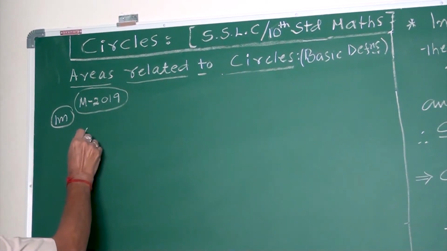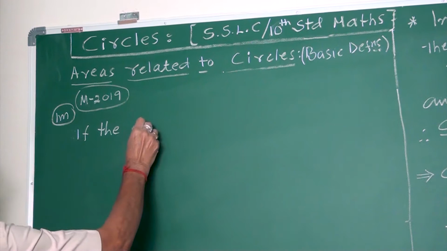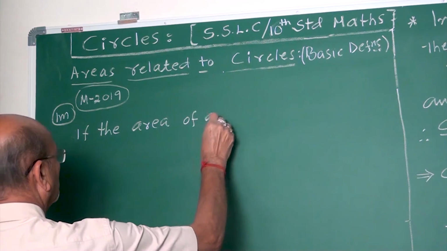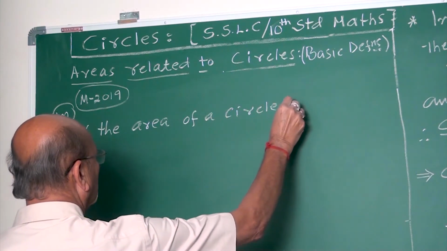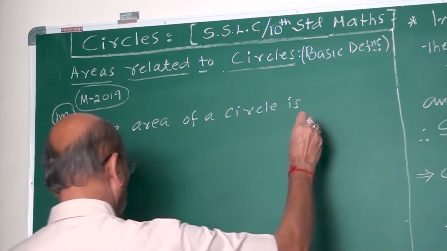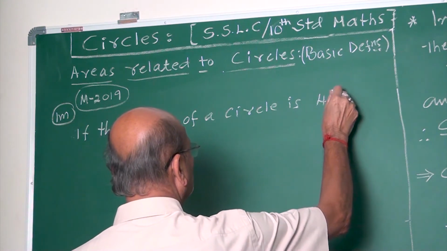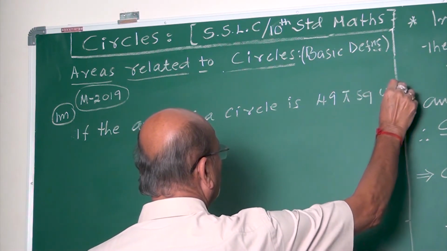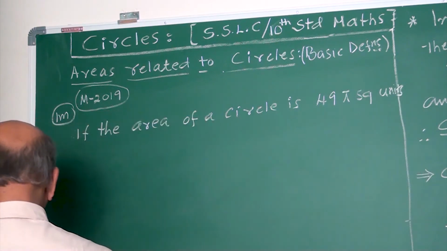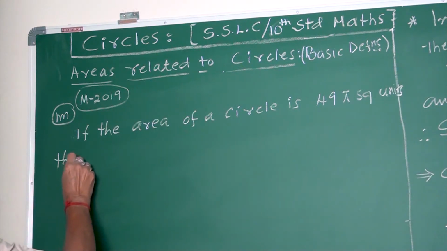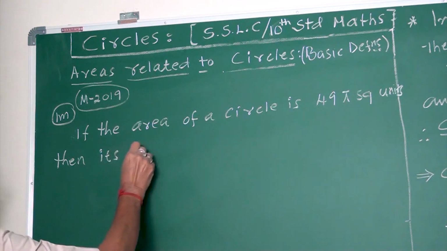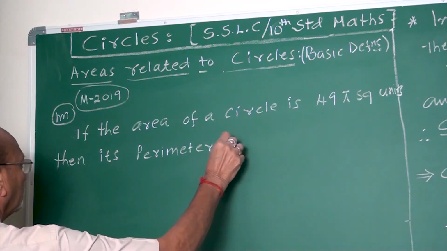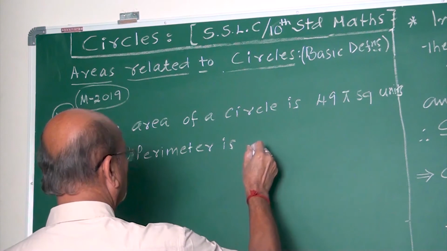If the area of a circle is 49 pi square units, then its perimeter is dash.